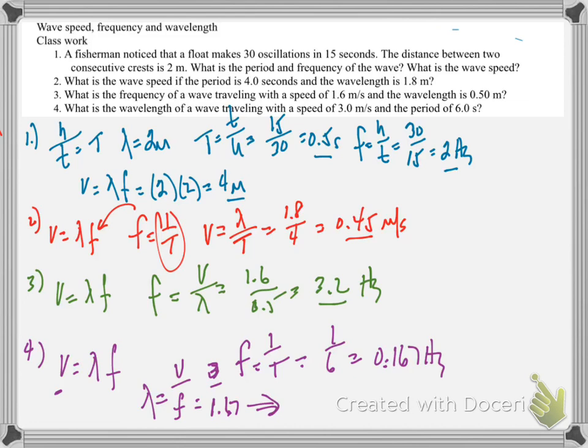So 3 divided by 1.67, and I'm getting... wait a second, there's an error here. This is not 1.67, this is 0.167. And when we divide that out, we get 17.96 or 18 meters.